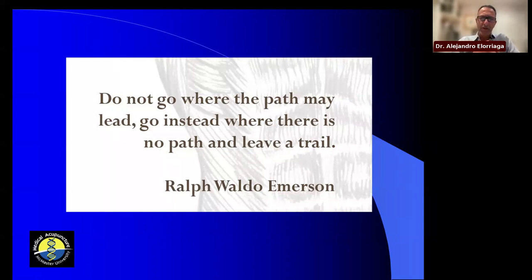It's not a matter of repeating ourselves, copying what is being published, and not going anywhere else, because patients need us, and we have to do our very best to help them.